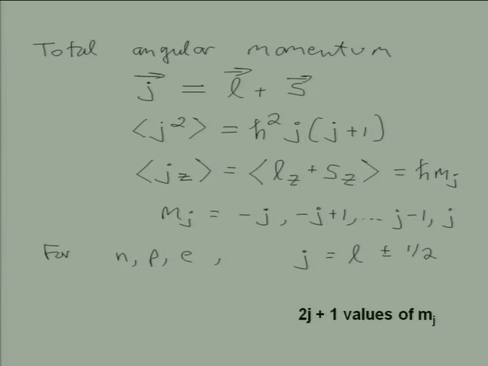And this has to do with the fact that if you have an angular momentum, L or J, you can determine the magnitude of it and you can determine one component of it. That is, you can determine the length of J and you can determine J sub Z. You can't simultaneously measure J sub X and J sub Y. That's another reflection of the uncertainty principle. Okay?